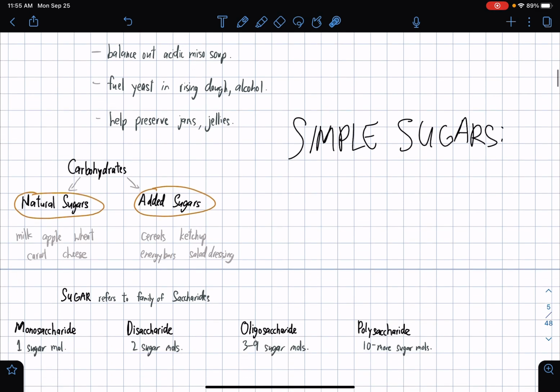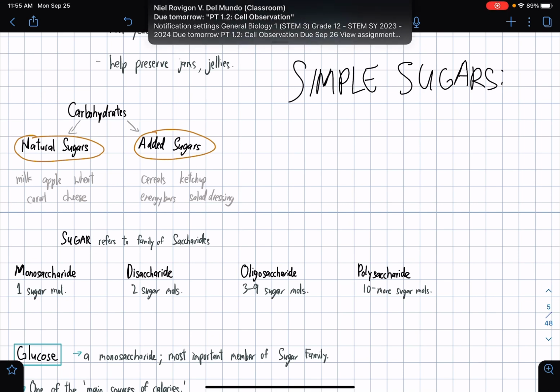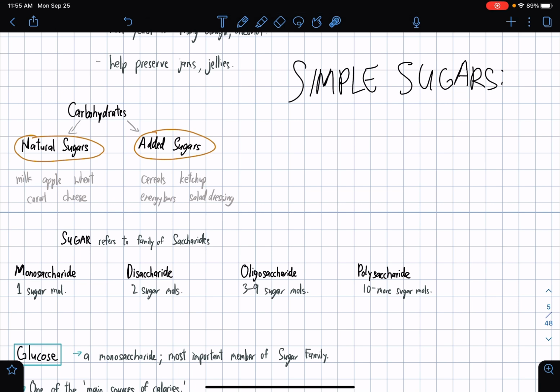Carbohydrates are divided into two things, natural sugars and added sugars. For added sugars, we all know that these foods are usually processed, literally added sugar. So the sugar content is unnecessary, but it's added anyways.